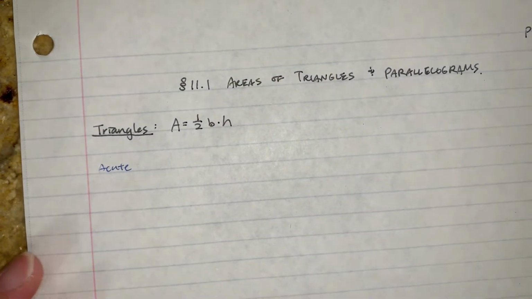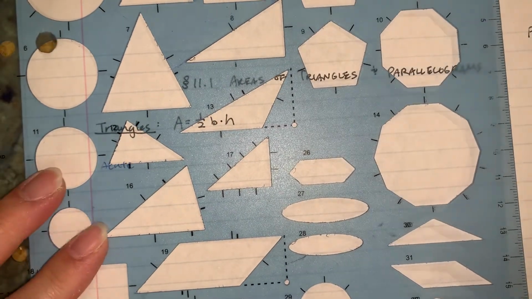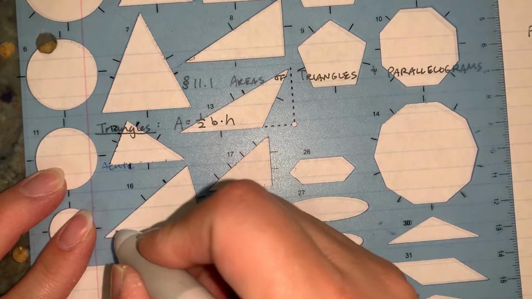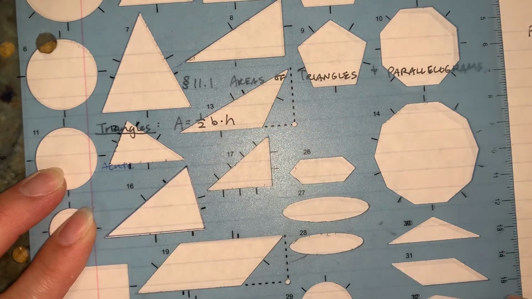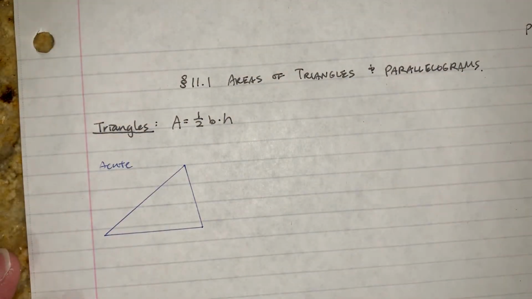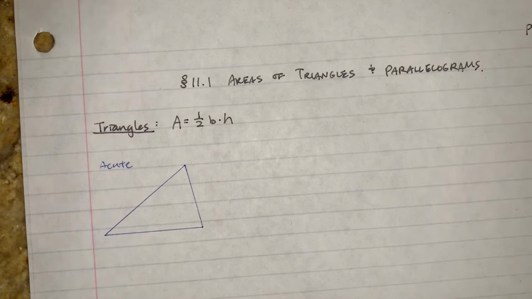So acute, all right? On your template, I would suggest that you grab triangle number 16. Number 16 is a very good acute triangle. I don't want it to be super specific like an equilateral or an isosceles, so this one is very generic. Now, the triangle's base must make 90 degrees with the height.